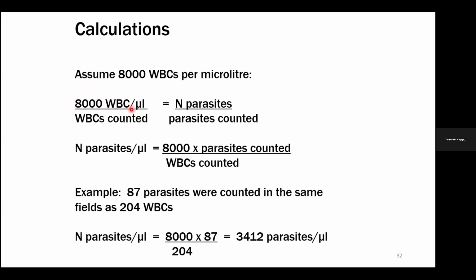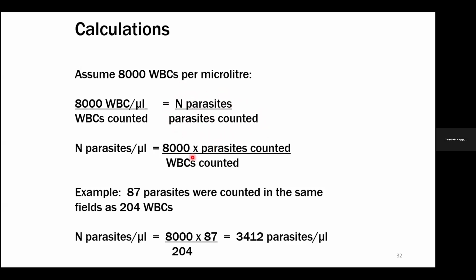Say we have done a CBC, we put the absolute count as a numerator on the left side. Then the denominator here is the WBCs we have counted. Say they are 200, 205, 500, like that. Then the parasites counted we put as the denominator on the right side. The parasites we want per microliter is the numerator on the right side.